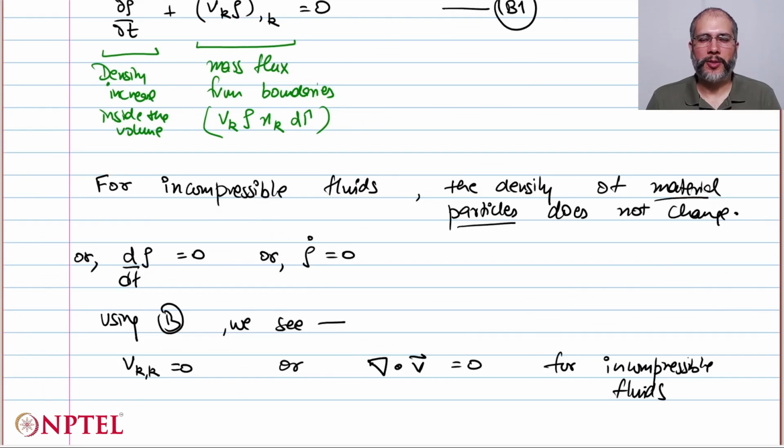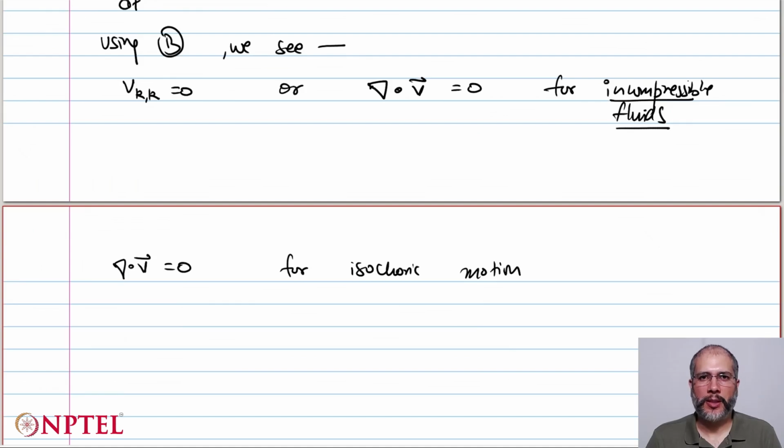Such fluids or flows for which the density does not change are called incompressible, and such motion is called an isochoric motion. We have seen this earlier in the previous lecture, where we showed that the divergence of velocity is 0 for isochoric motion. Now what is isochoric?